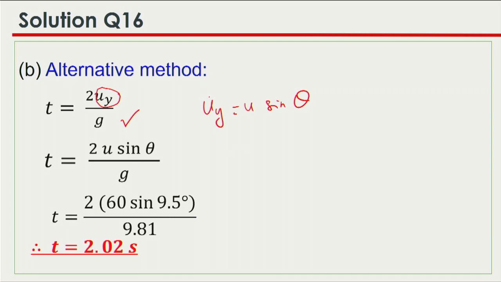Uy is the velocity at the y component, or y direction. So 2u sine theta over g. Substitute u is 60, theta 9.5, and g 9.81. So we got t equals 2.02 seconds. It's still giving you the same answer.